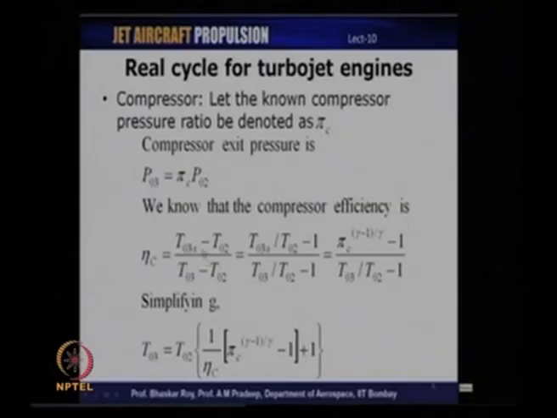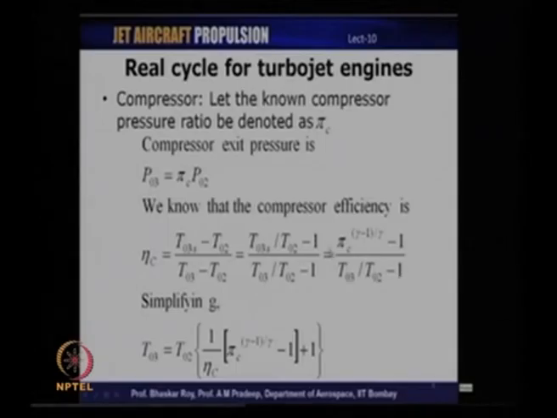So, T03s minus T02 divided by T03 minus T02. We again take the temperature ratio like we did for the diffuser, in which case in the numerator we have the isentropic temperature ratio, which is basically the compressor pressure ratio pi c raised to gamma minus 1 by gamma, minus 1, divided by T03 by T02 minus 1.